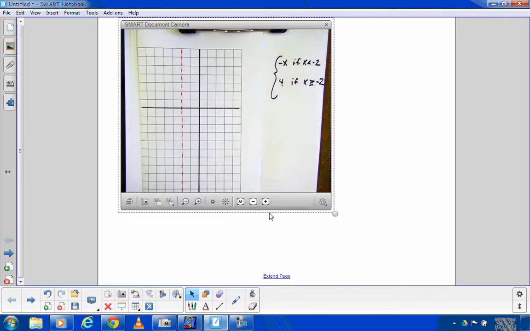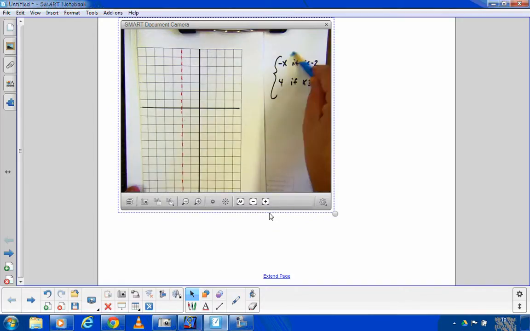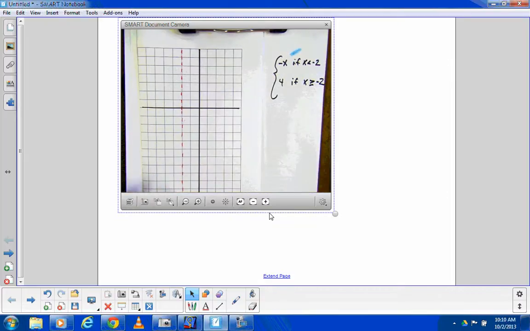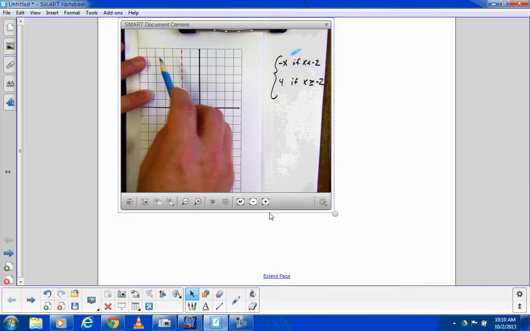Now let's color code that. I'm going to do blue for this one, so my blue area would just be to the left of -2 over here.